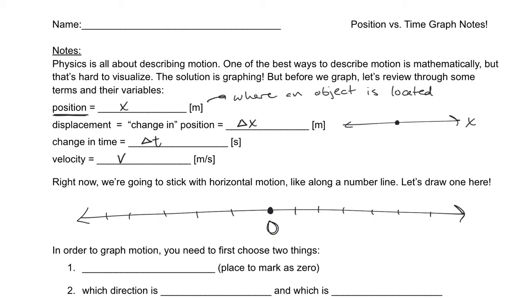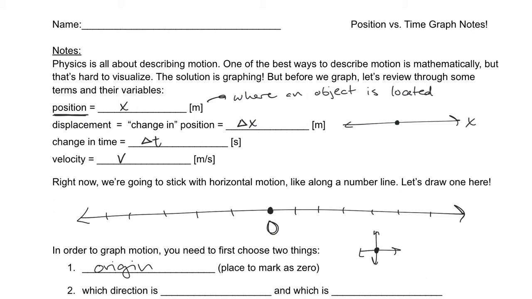That means we just have to pick something and stick with it. We're going to pick a place that we call 0, and that place is called the origin. Just like on an XY graph, the origin is right in the middle. Same idea: we're choosing a place to mark as 0 and calling it the origin.